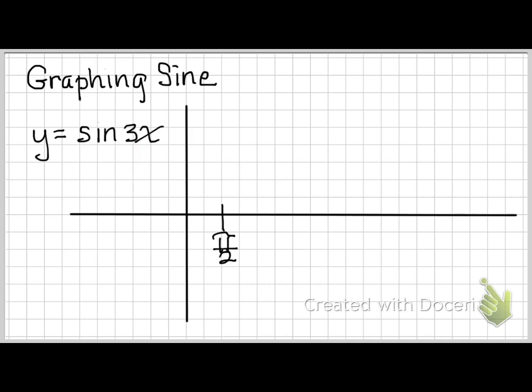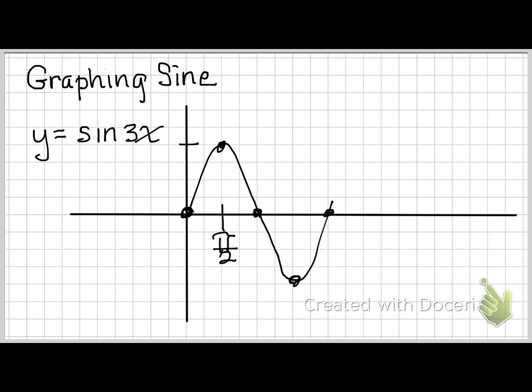So what's going to happen is I'm going to take my basic sine function, which did, let's say, look like this. So it went 0 and then pi over 2, pi, 3 pi over 2, 2 pi. So that's what it looked like. And what's going to happen now is this is going to shrink or stretch in some way.